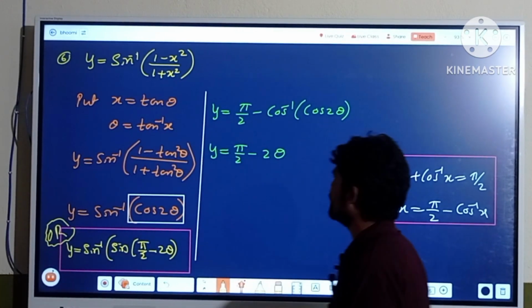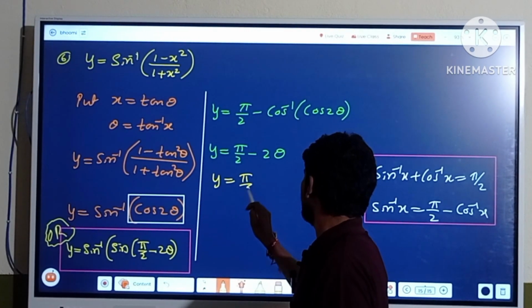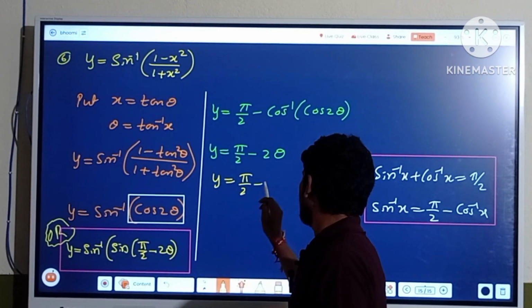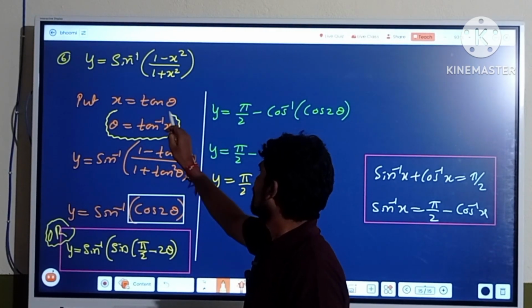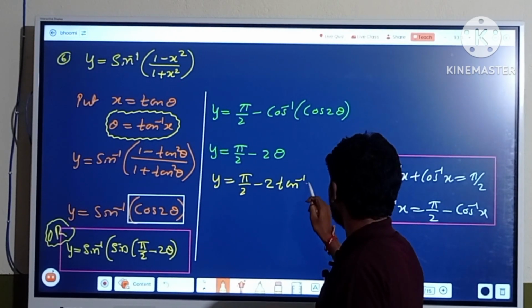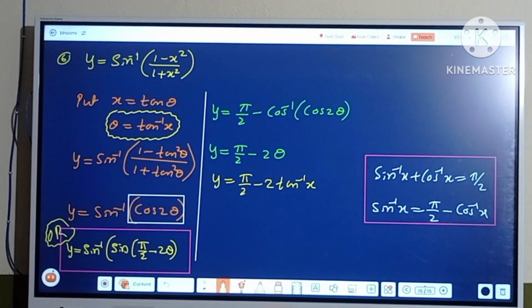So you may follow any method. Now y equals pi by 2 minus 2 into theta. What is theta? Theta is tan inverse x. Now we wrote the simplest form of the given inverse trigonometric function.